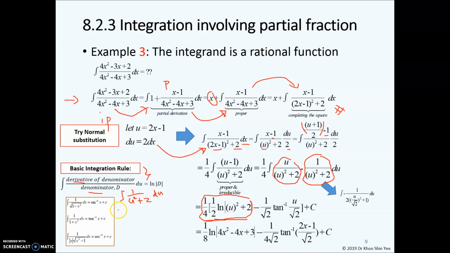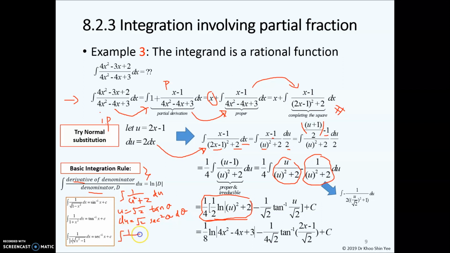In this case, we substitute u equal to square root 2 tangent theta. So your du will be equal to square root 2 times the derivative of tangent, which is secant squared theta d theta. So let's substitute inside here.